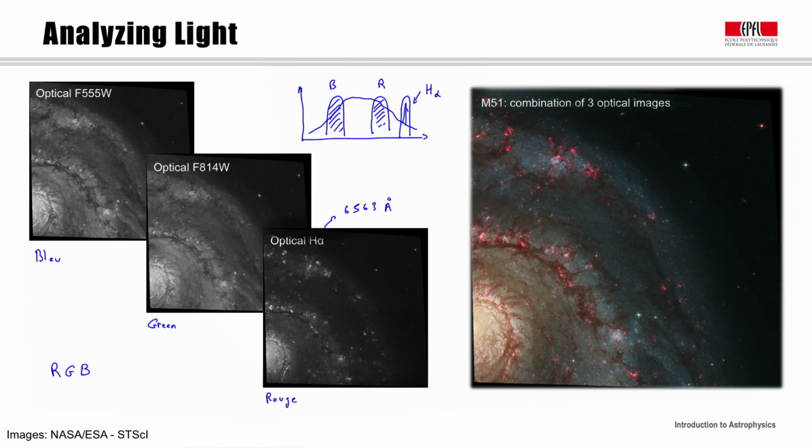Each time a pixel has a high flux in this image, it will appear red. When it has a high flux in this image, it will appear blue. And if it has a high flux in this image, it will appear green. Now we can combine all this into one image. We take a weighting of the same pixel in the three images, and then make a color image.